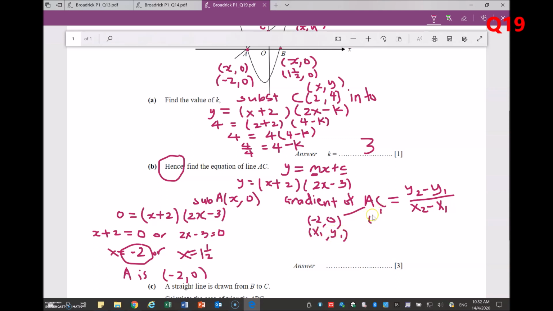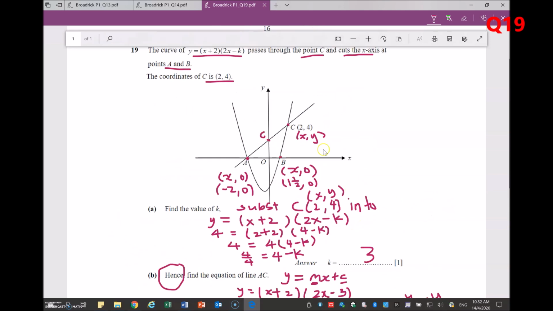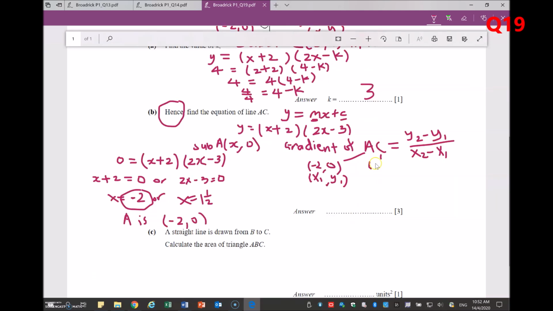C is 2, 4, and this is your x2, y2. So I do the substitution into the gradient formula. So it's 4 minus 0 over 2 minus negative 2. And this gives me a value of 1.